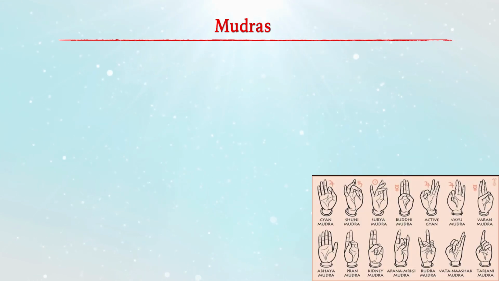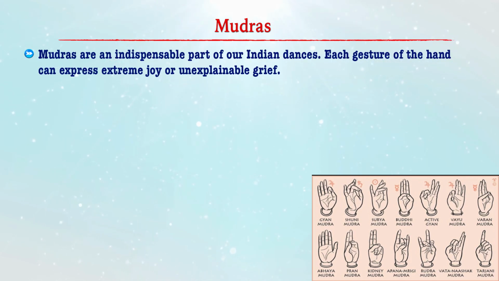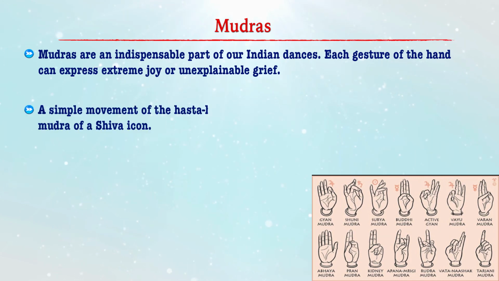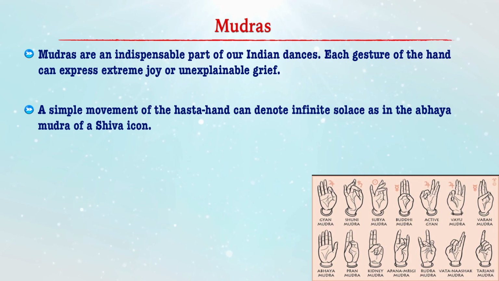Now let us discuss an important part of classical dance, which is mudra. Mudras are an indispensable part of Indian dance. Every gesture of the hand can express extreme joy or unexplainable grief. A simple movement of the hasta, or hand, can denote infinite solace in the Abhay Mudra of a Shiva dance.